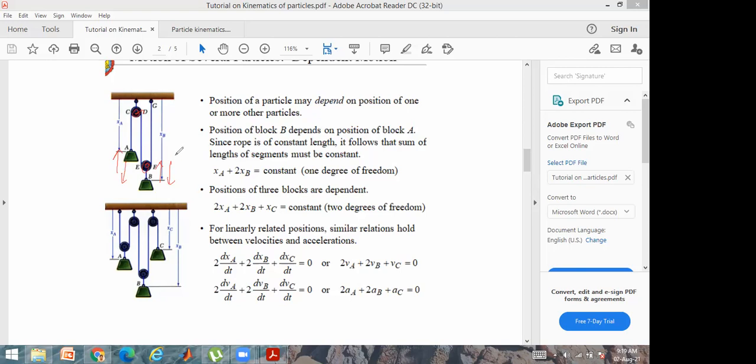This is how you need to solve this sort of problem. In the figure below, this is A, B, C. The position of A again depends upon the positions of B and C and vice versa. Therefore, you need to solve this using the concept of constant length.